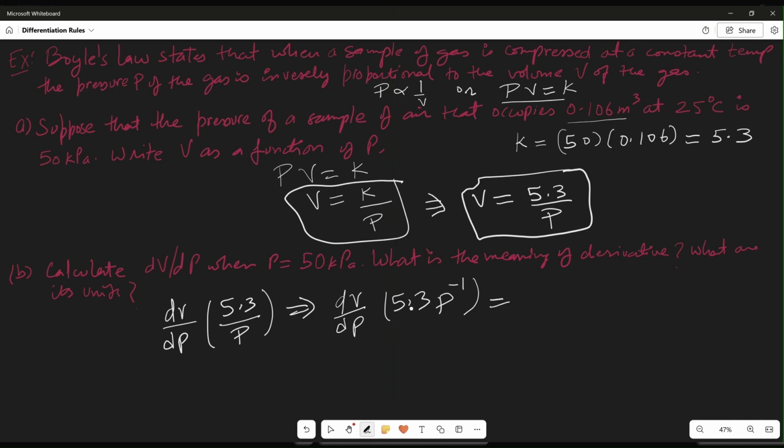Here we can see the patterns, right? Constant multiple rule. So this is going to be 5.3 times the derivative of p to the negative 1, which is equal to 5.3 times negative 1 times p to the negative 2, since 1 minus minus 1 gives 2. That equals negative 5.3 p to the negative 2.